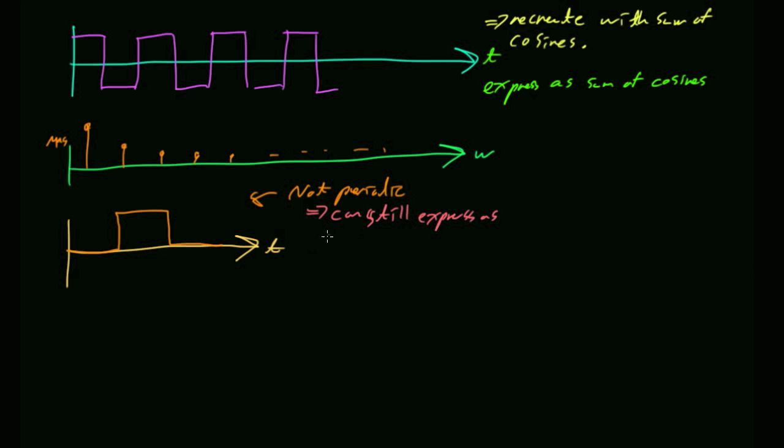As long as you know which frequencies to use, right? Because you may not want some frequencies. It may only be some, may only be others. But as long as you know which frequencies to use and how much of each frequency.